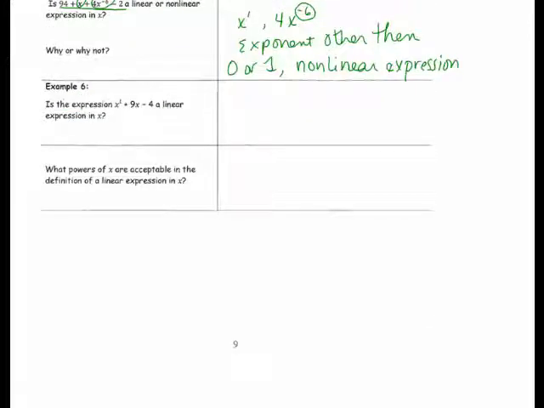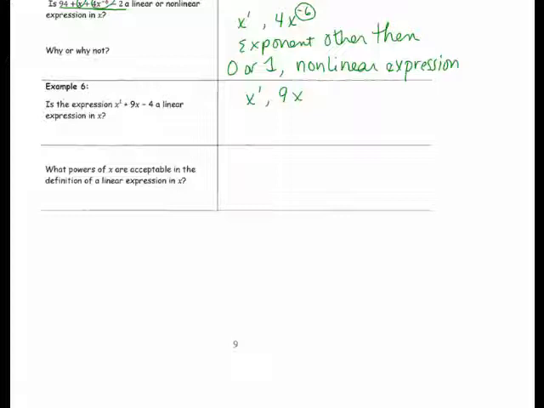Example 6. Is the expression x to the first power plus 9x minus 4 a linear expression in x? Well, let's take a look at our terms. We have x and it has a power of 1. We also have 9x, and we don't look at 4. The constant does not determine whether it is linear or nonlinear.